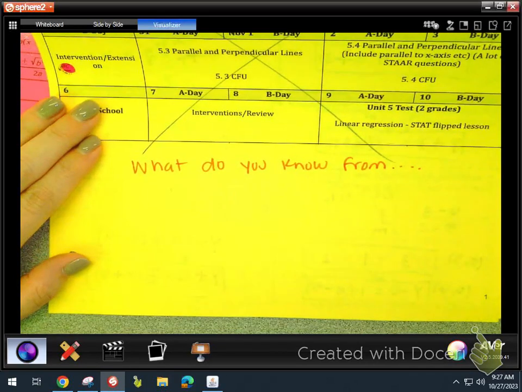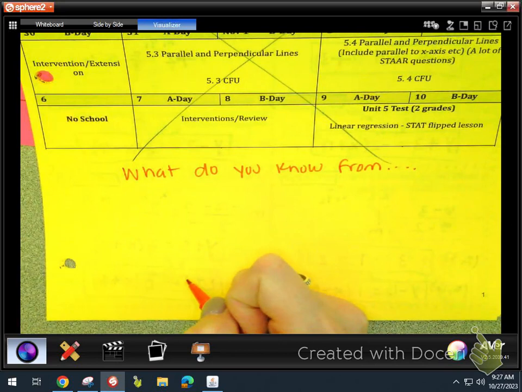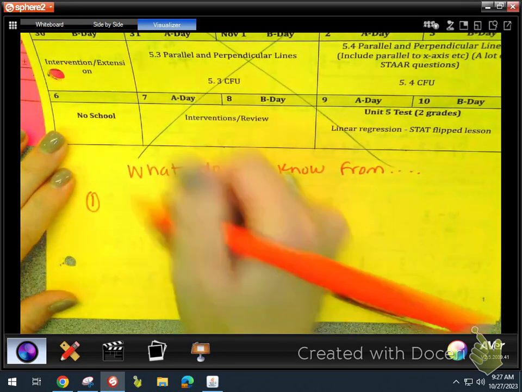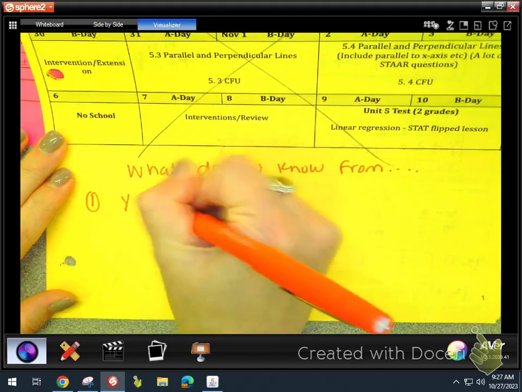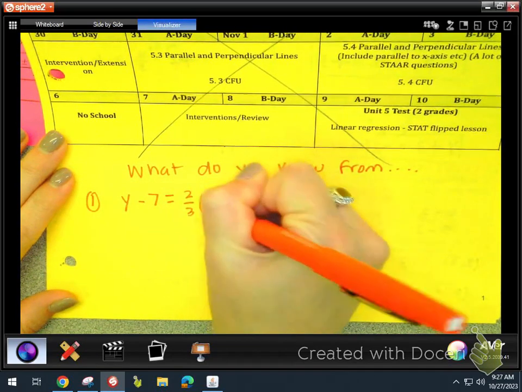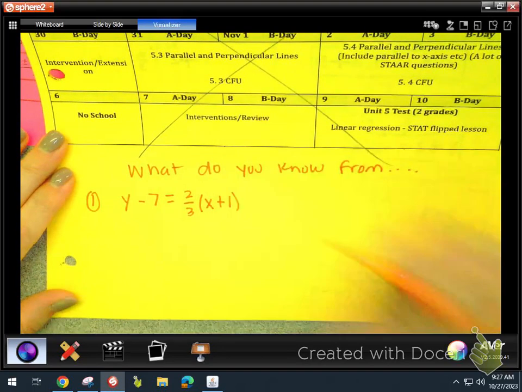Okay, I'm going to give you a few equations. And I want you to think for a minute on your own and think about what we know about these couple equations. Okay, we're going to do 4. Y minus 7 equals 2/3 x plus 1.